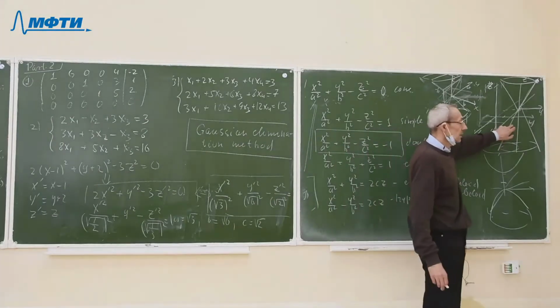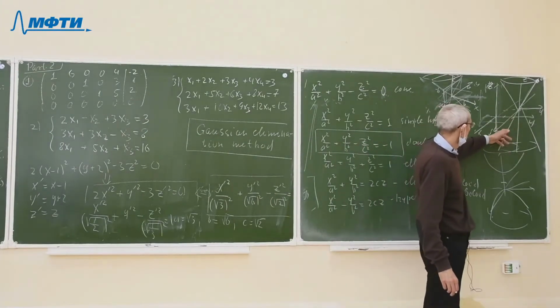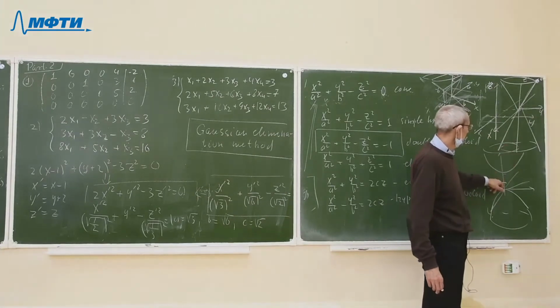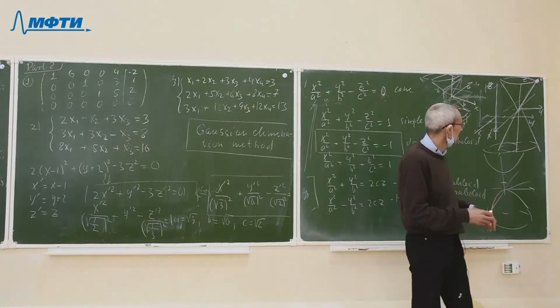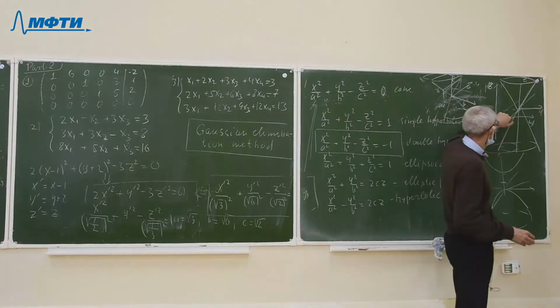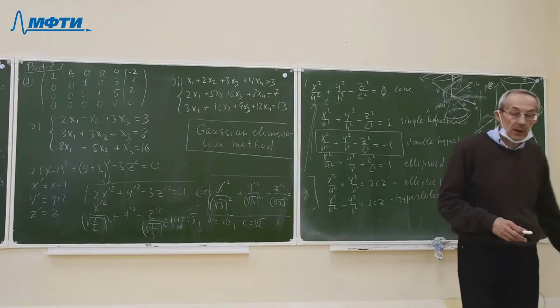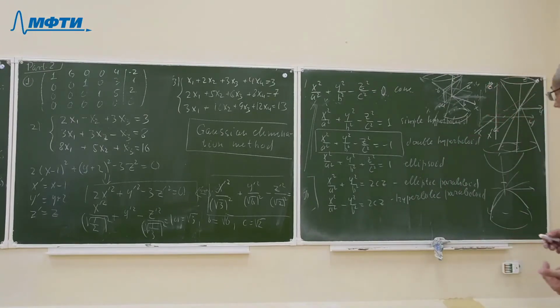This cone, if we shift it, will be the asymptotic cone for this hyperboloid after the same shift in the directions x, y, and shifted in the direction of z.